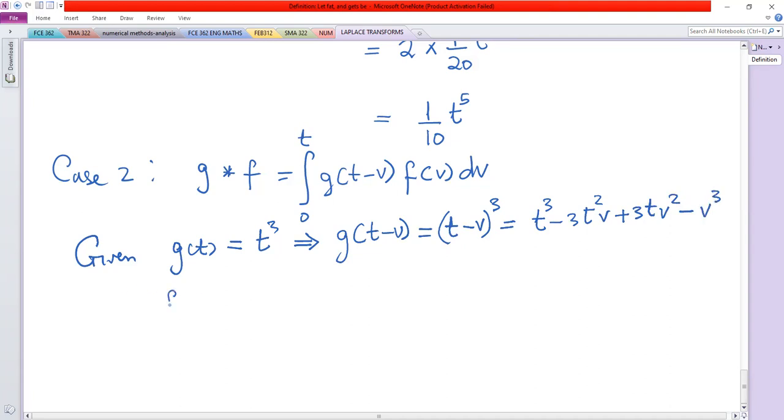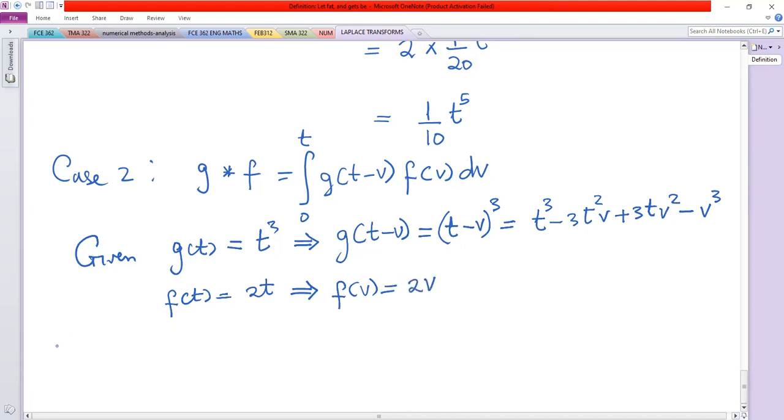And then f of t in the question is given by 2t, which implies that f of v will be given by 2v.